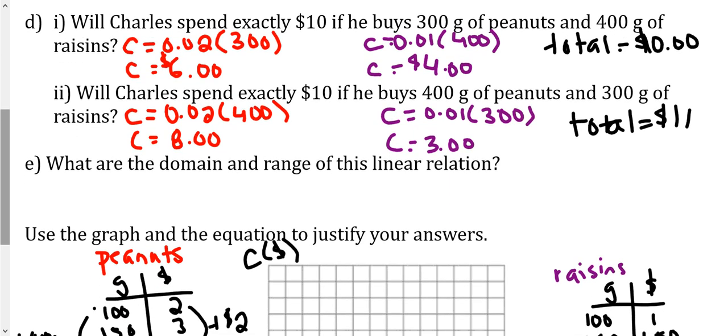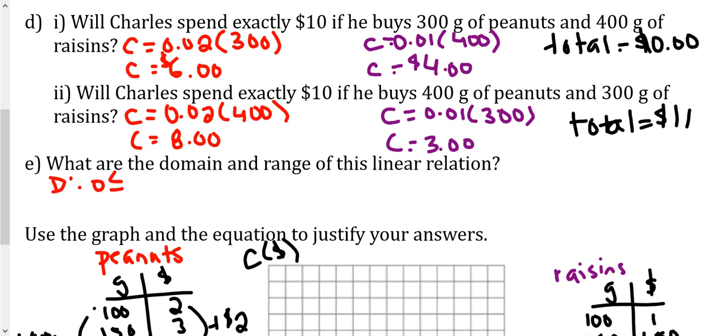What are the domain and range of this linear relation? Okay, let's do each of them. So the domain of buying peanuts, thinking about our domain, we're talking about our weight. That's what we're buying. The least I can buy is 0 grams. I can choose not to buy any peanuts.